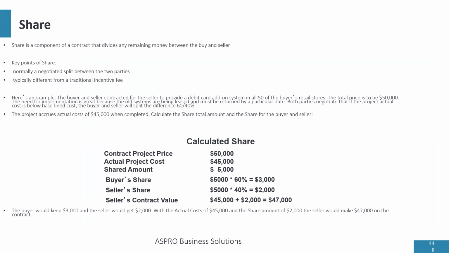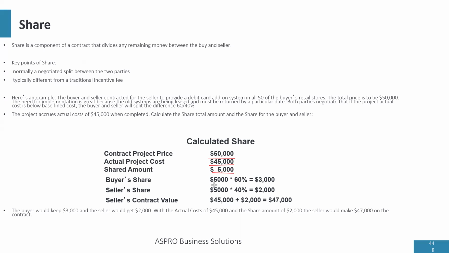so let's say that the contract project price is this amount, right? And the vendor is able to save money. The money saved is going to be shared according to a negotiated rate. This is what we call share.